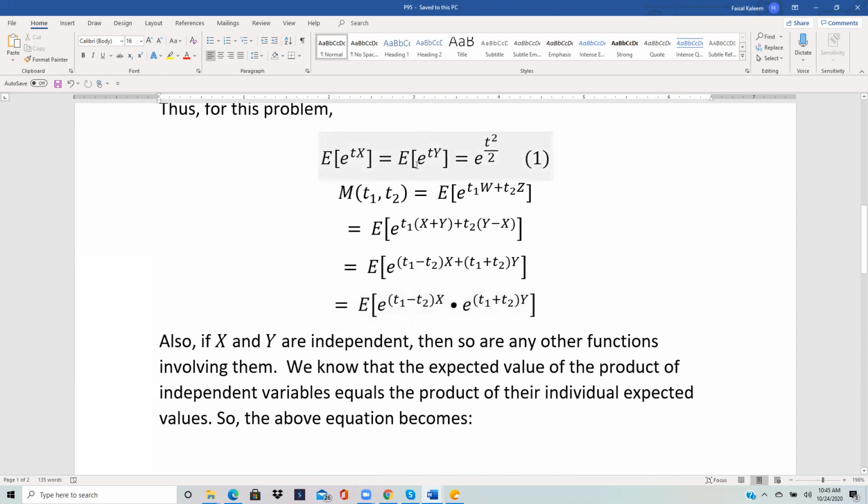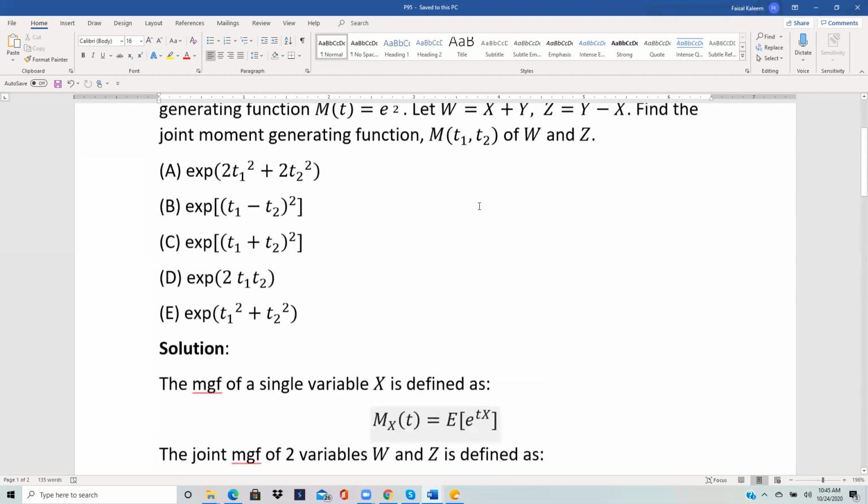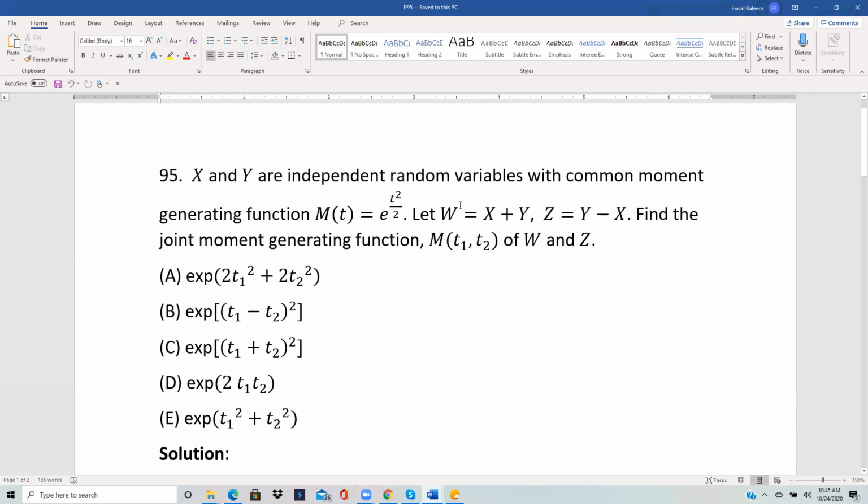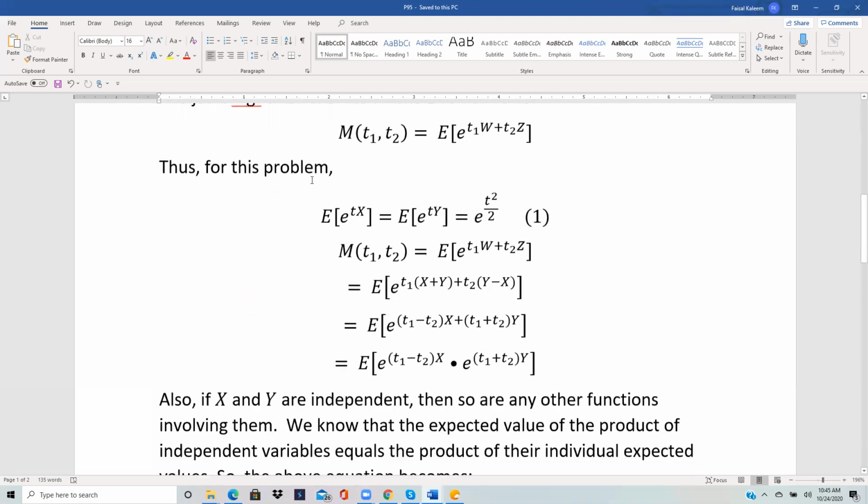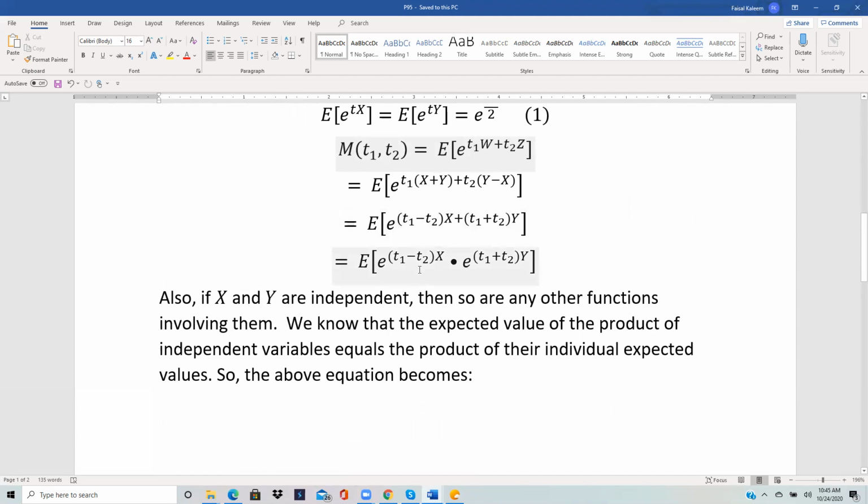Because to use equation number 1, you should have the expectation of just an X function or the expectation of just a Y function, and then you get that. Now the first thing here is that we are given that X and Y are independent. Whenever two variables are independent, any functions of them are also independent.